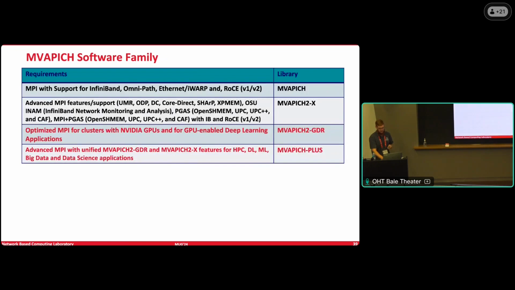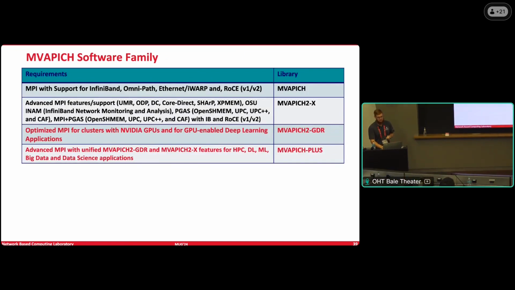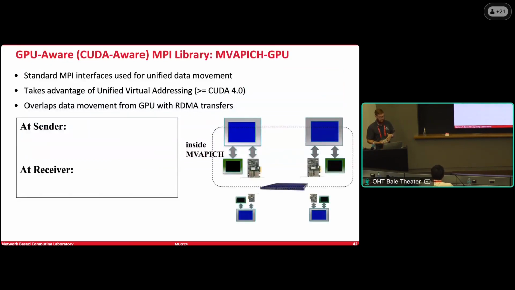All right, so GPU support is the big feature that makes MVAPICH2-GDR distinct from our open source version. It's also what we're leading off with in the development of MVAPICH Plus. MVAPICH2-GDR and MVAPICH Plus are both CUDA-aware GPU libraries.